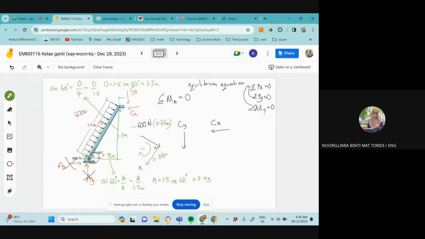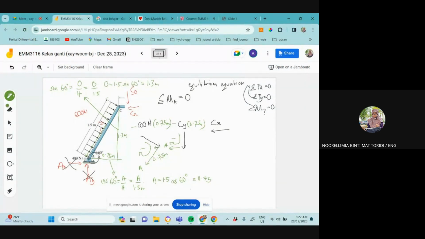So this one will be equal to 1.3 meter. Okay, then CY, distance CY is like this, towards A, which is equal to 0.75 meter. Okay, so this one is clockwise, so it is negative.